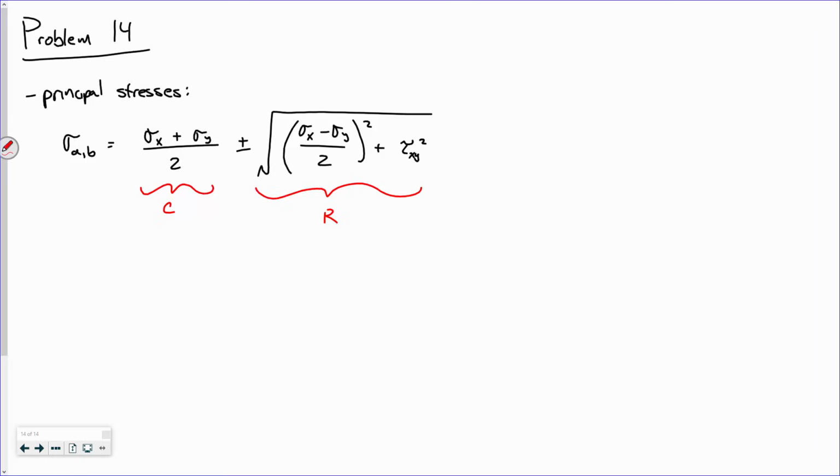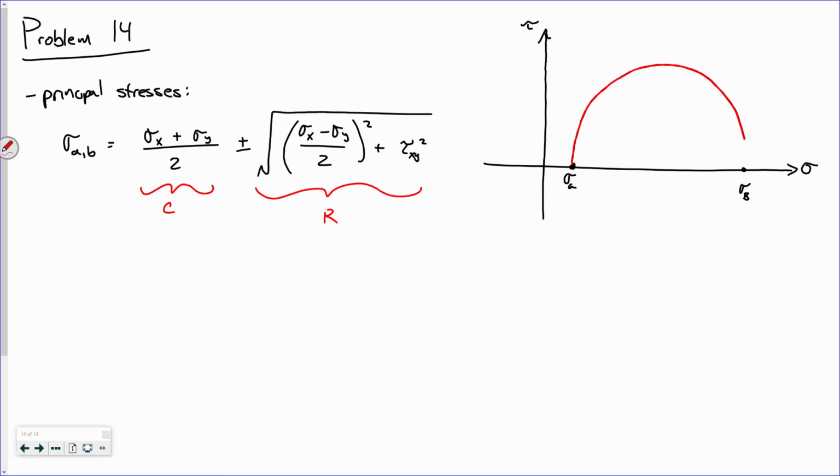Now, if you recall, before we start doing any math, we have our normal stress and our shear stress, right? We have, this is sigma A, this is sigma B, and our Mohr circle looks something like that, right?